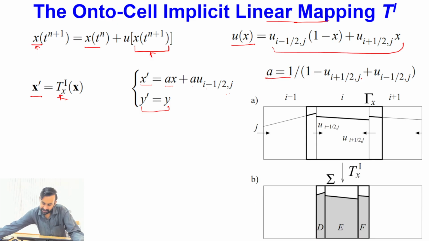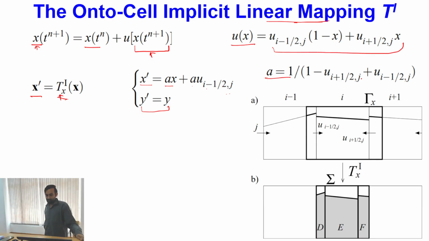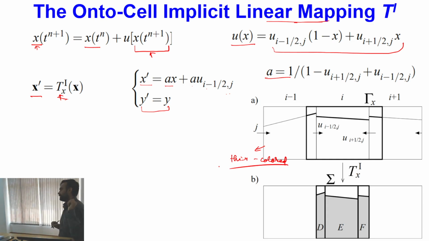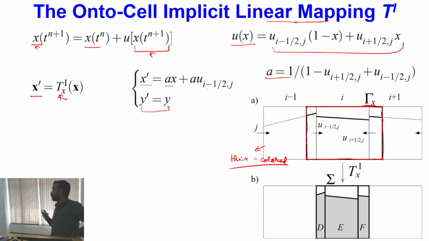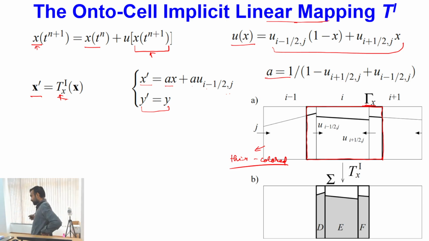Now, whenever I apply this transformation geometrically, what happens? Here you can see this thin colored line is my original grid, and this big portion represents the cell gamma x. What was gamma x in the previous case?